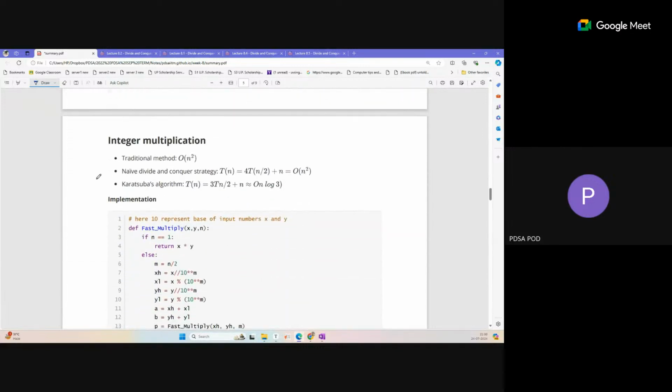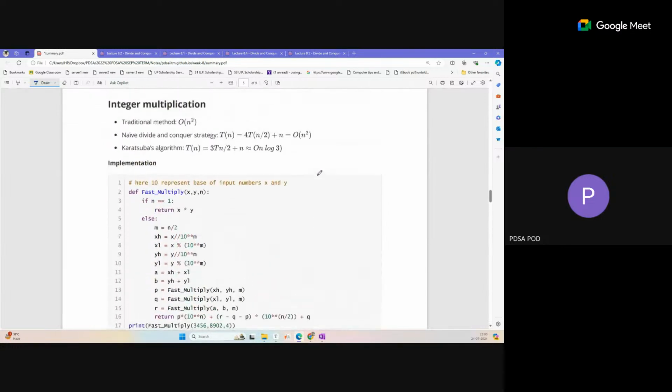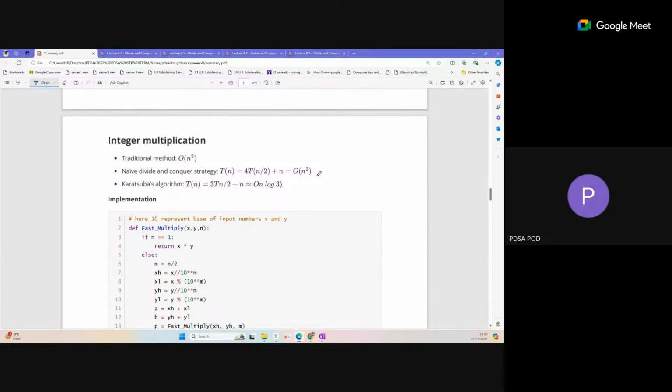Okay, so this integer multiplication is a little bit mathematical actually. In general, when we perform any multiplication, like 1 2 3 4 and 2 3 5 4, you take one digit and multiply it with all the remaining digits, like 4 into 4, and put that value here.